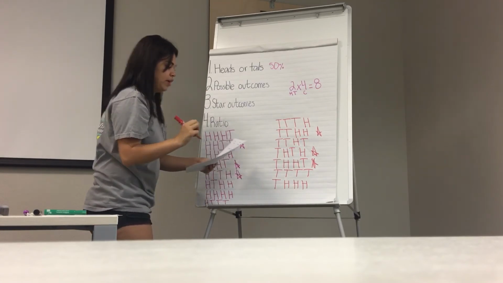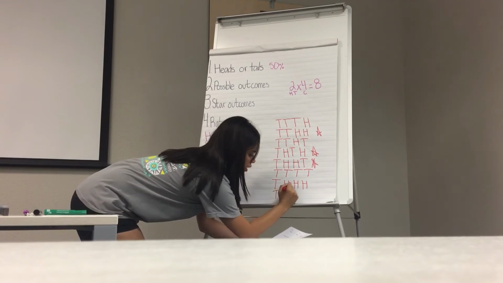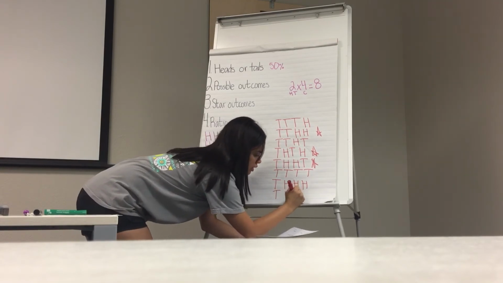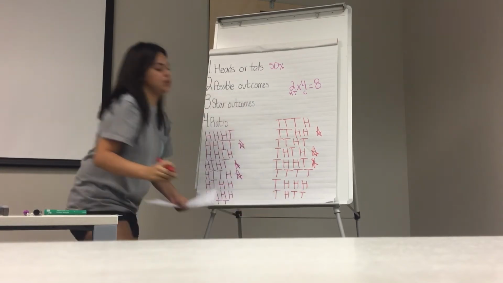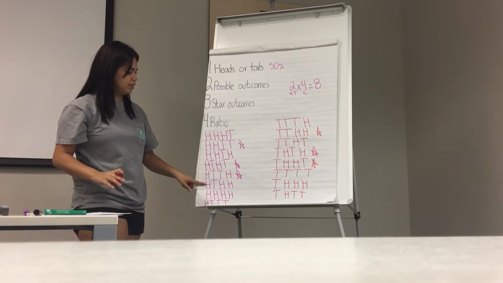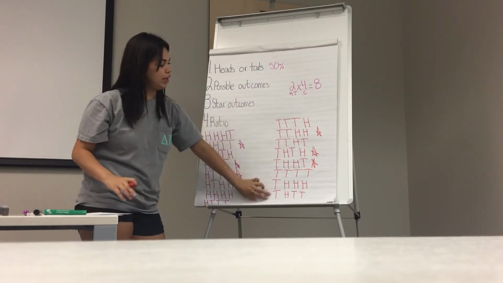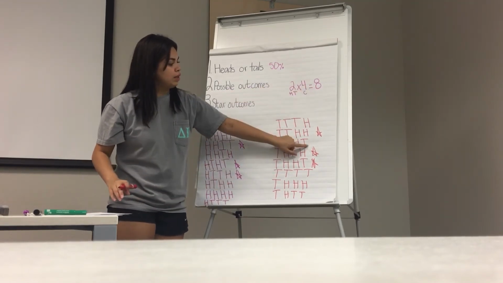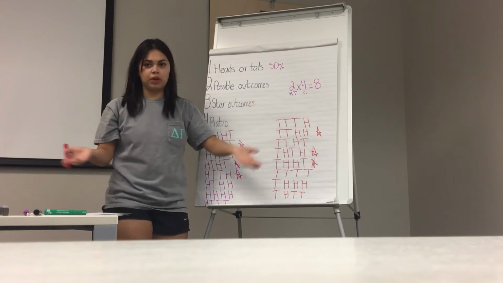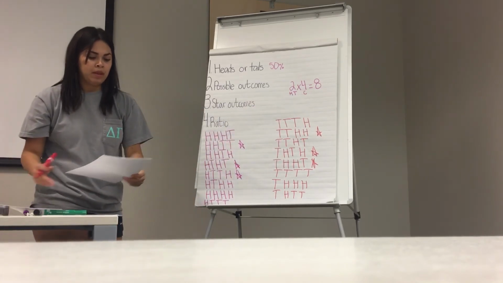And then the very last one is going to be tails, heads, tails, tails. Okay, if we can count these out, it's going to be 1, 2, 3, 4, 5, 6, 7, 8. That's how we got this. And then over here, there's 8 also. So 2 times 4 equals 8. That's an easy way to know when to stop how many possible outcomes there's going to be.